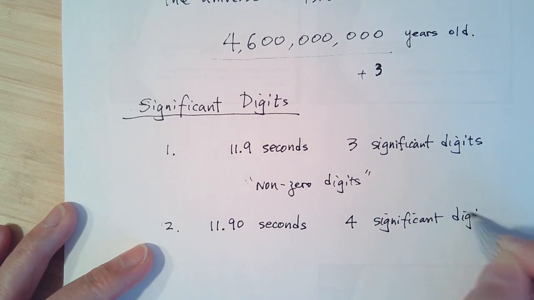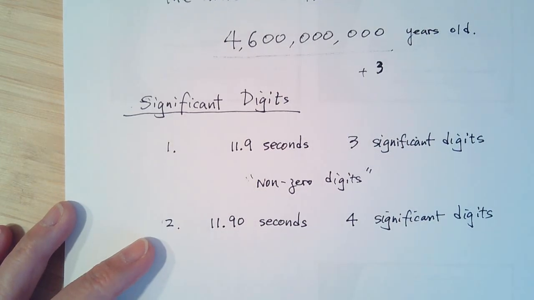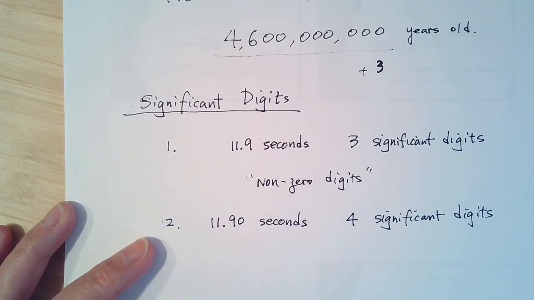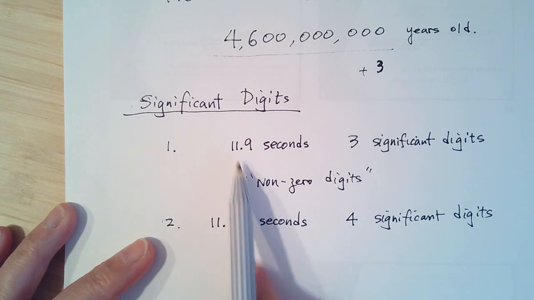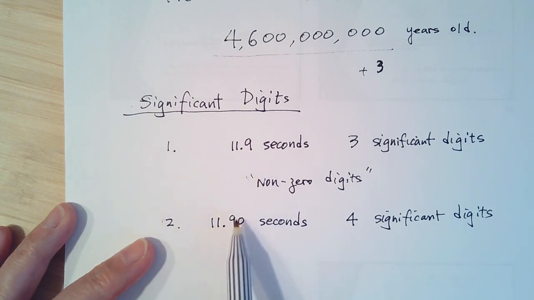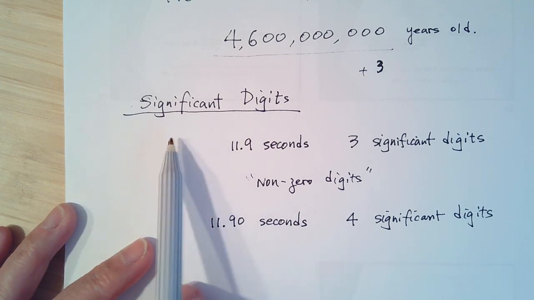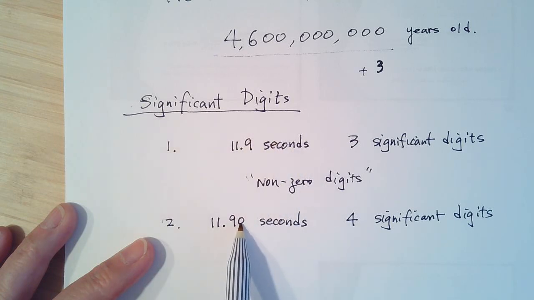Why is that 0 also a significant digit? Usually when you were in elementary school, the teacher might tell you, oh, the zero, there's a decimal point, so 11.9 and 11.90 are the same, and this zero doesn't count. She's right. In absolute value, when we talk about the value, yes, they're the same. But when we talk about significant digits, this one is very, very important.